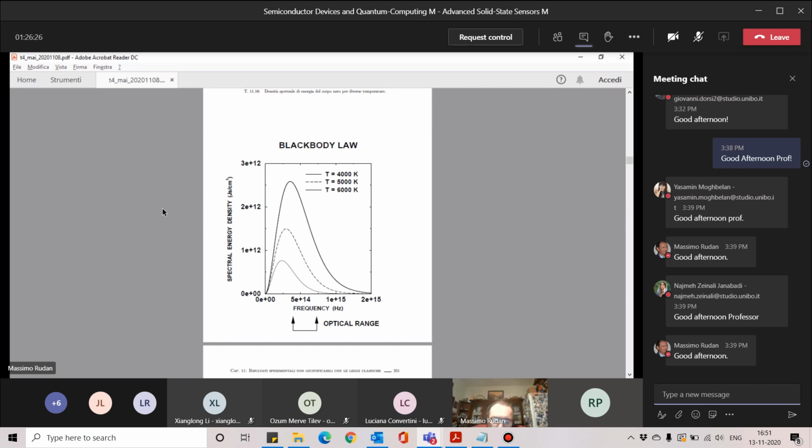And also that when the temperature increases, the position of the peak with respect to frequency goes to the right. Okay, you see the three peaks move to the right at increasing temperatures, okay?